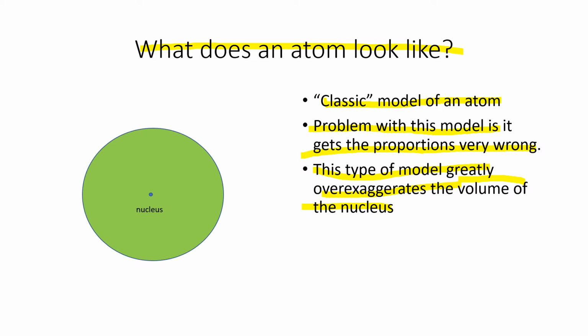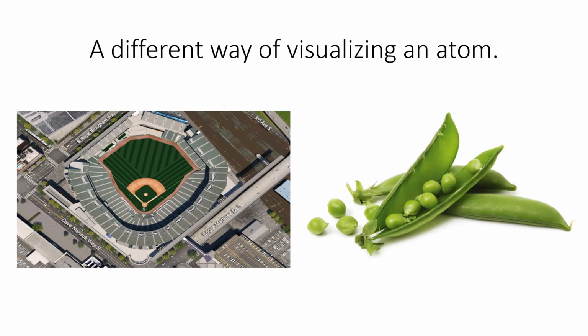So instead of this classic textbook model of an atom, I want to use some things that you're probably familiar with to give you a better model. I want you to think about a different way of visualizing what an atom actually looks like, using two things that you've probably experienced.